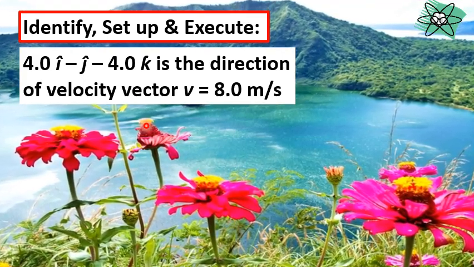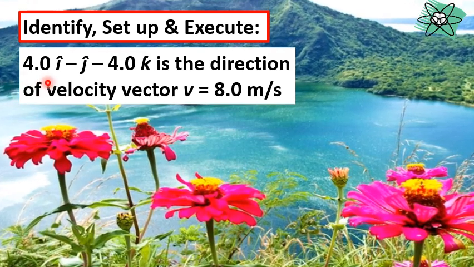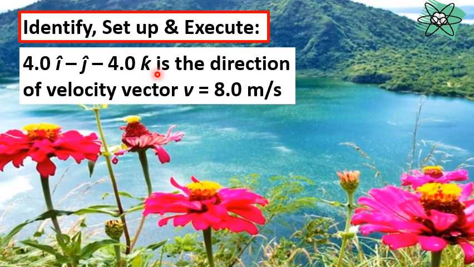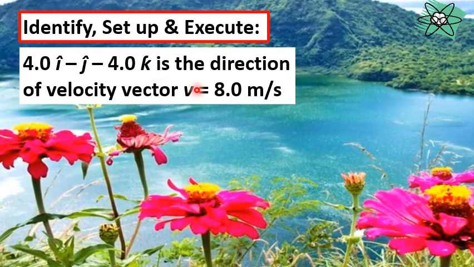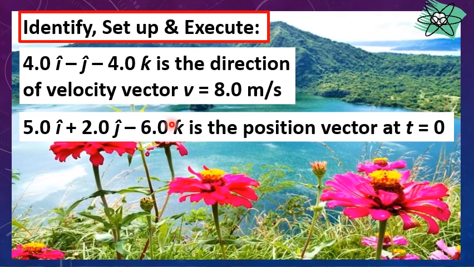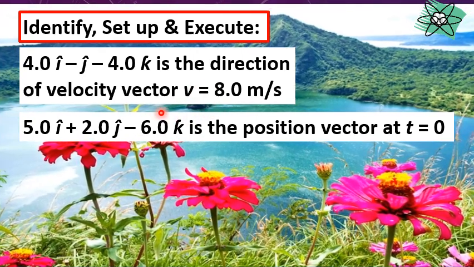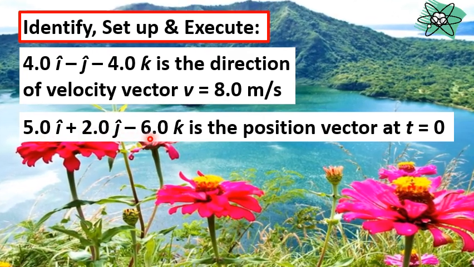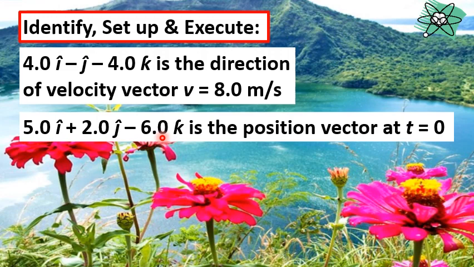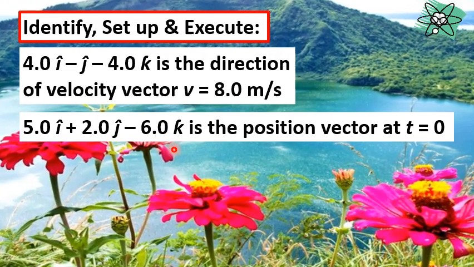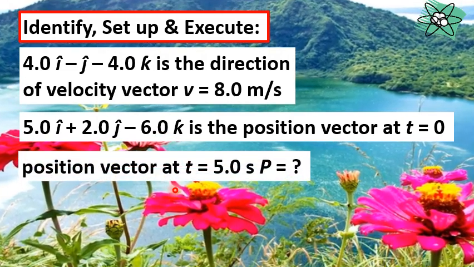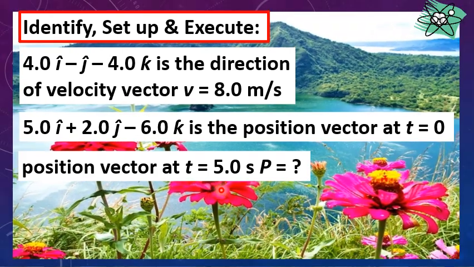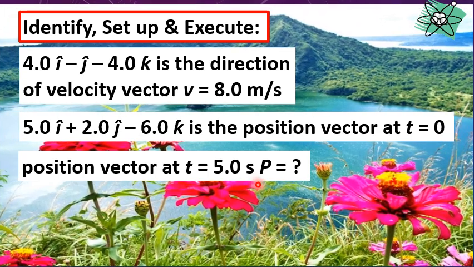That is, its direction is 4.0 I minus J minus 4.0 K. At time equals 0, the position vector is given as 5.0 I plus 2.0 J minus 6.0 K. And we are required to find the position vector of the particle at time equals 5.0 seconds.